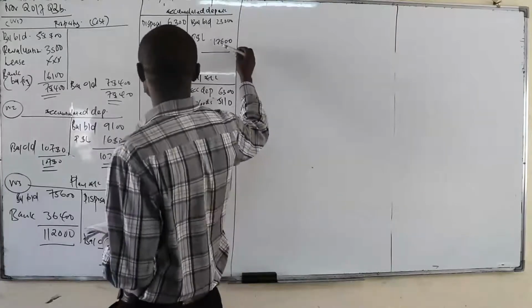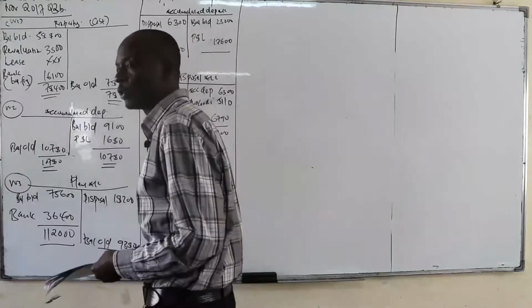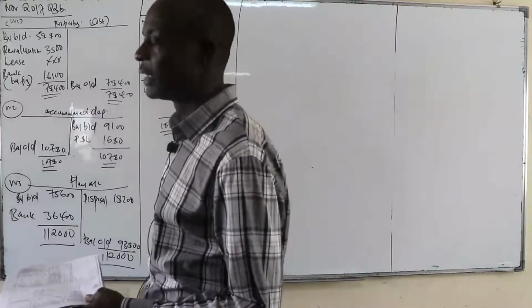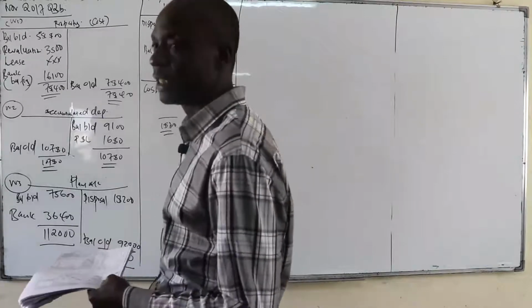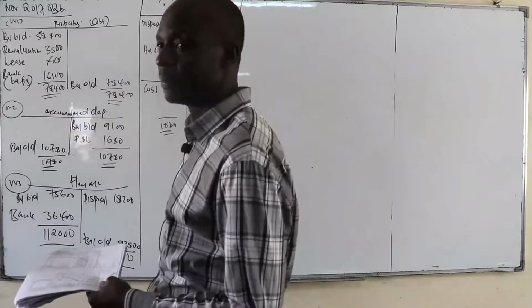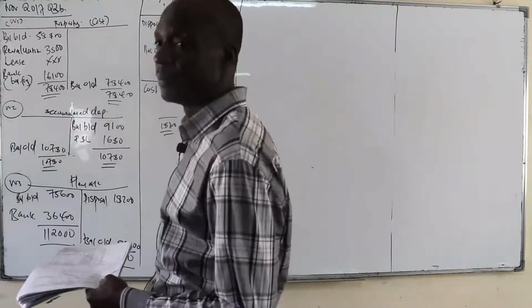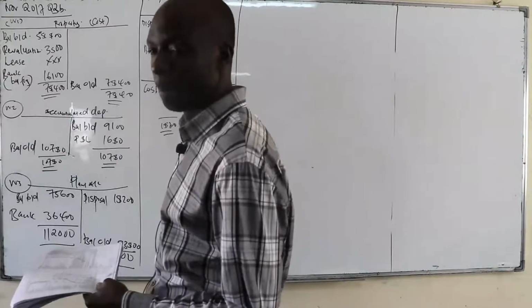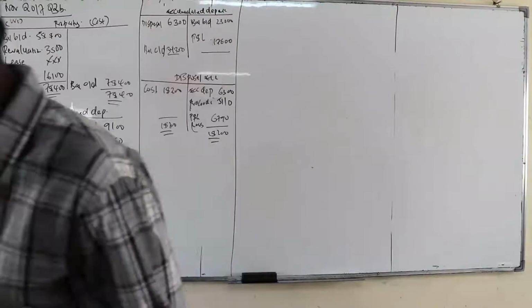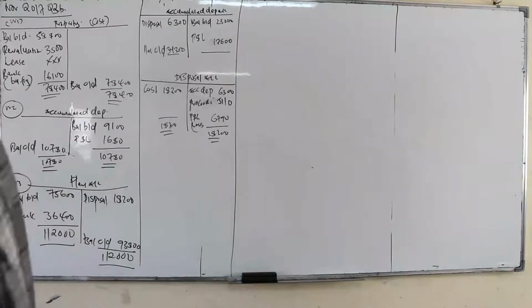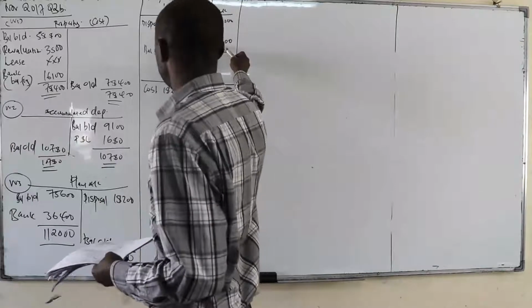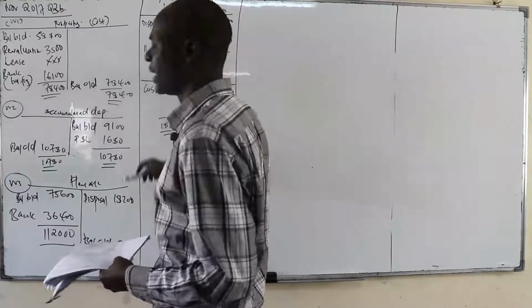Can you add this 7,600 plus 1,680? How much do you get? I'm saying add this one, this 7,600. 19,280.